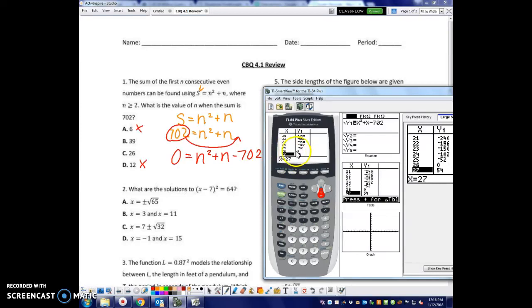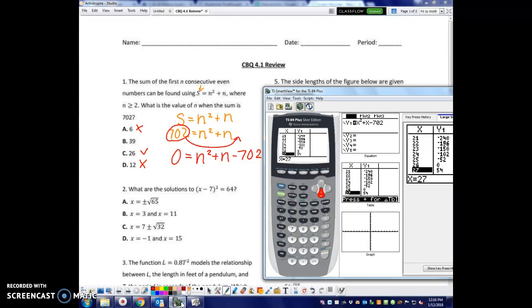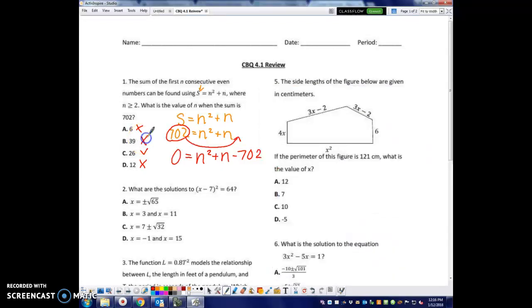Is y 0 when x is 26? Uh-huh. Now check 39. And you can do this second table set. You can hit 39 and then go to your table. There it is. Is y 0 when x is 39? Nope. So your answer here is C.